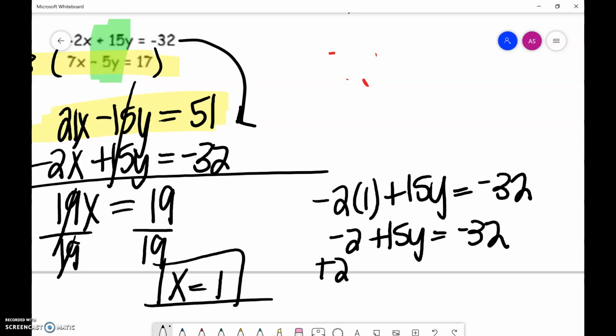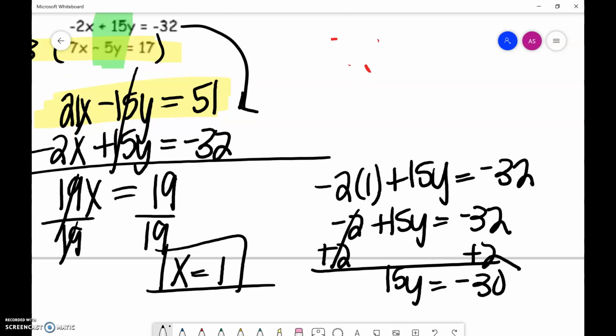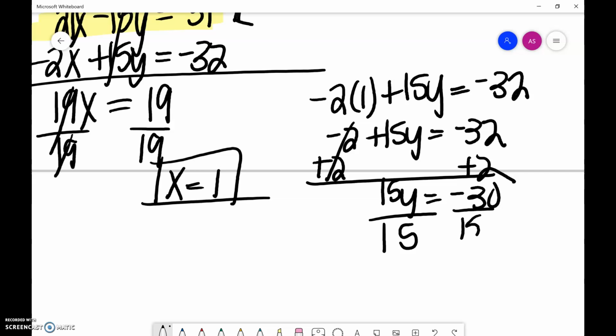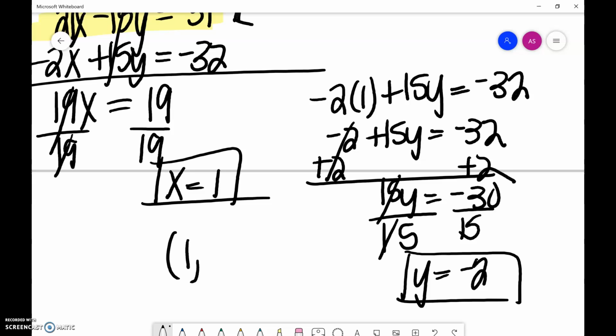Add 2 to both sides, and I have 15y equals negative 30. Then I'll divide both sides by 15, and I have y equals negative 2. And then finally, I will write that as a coordinate point, which is 1, negative 2. And that's it.